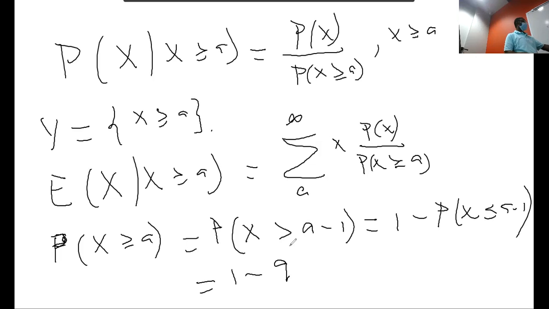Could you continue if you know this one? P of x greater than or equal to a. So we have p of x divided by p of x greater than or equal to a. What is p of x? q to the x times p, divided by q to the a.